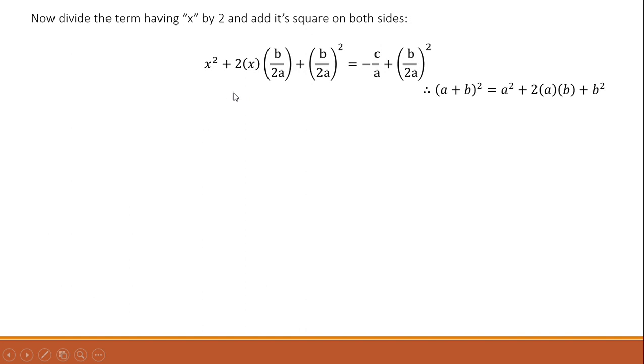As we can see, the equation on the left side is almost similar to the right side of this formula. So we will compress it as a plus b whole square.